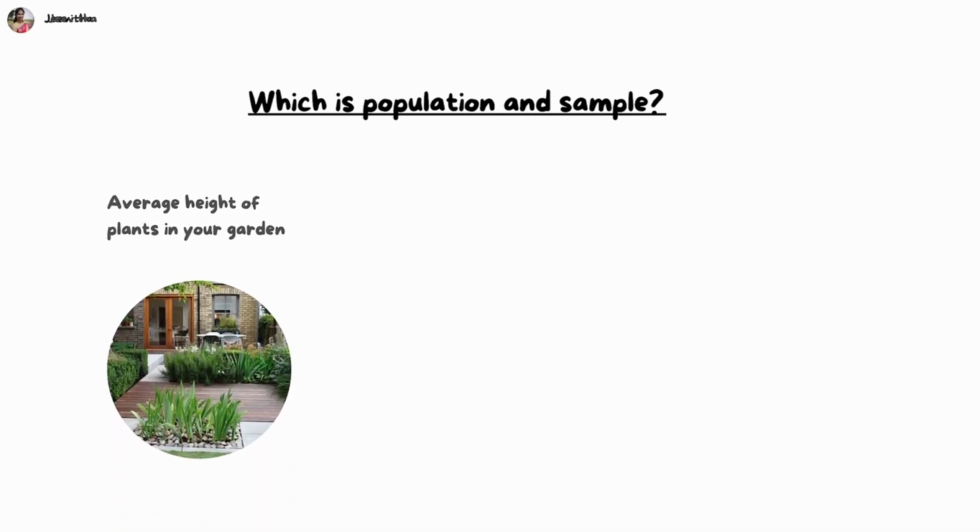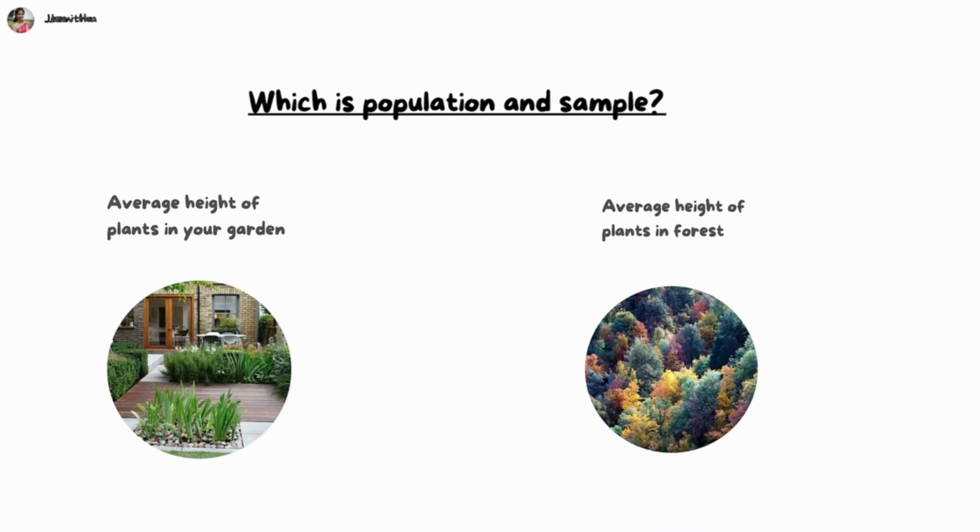Here is an example. You need to figure out which is population and which is sample among these two things. One is the average height of plants in your garden. And what if you want to find the average height of plants in a forest? Now figure out which is a sample and which is a population. When I say plants in your garden, the plants will be very few and you can measure the height of each plant.